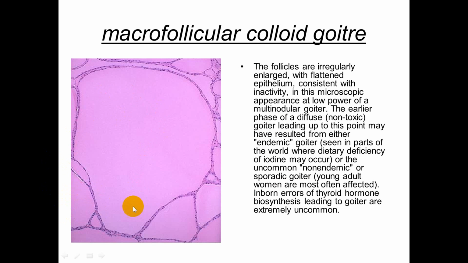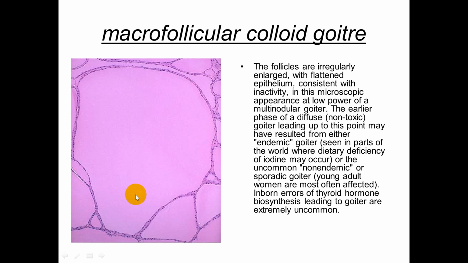The follicles show irregular enlargement with flattened epithelium, coincident with inactivity, in this microscopic appearance at low power of multinodular goiter.